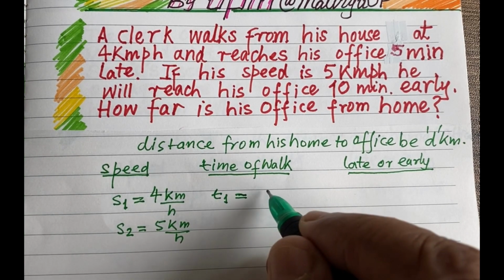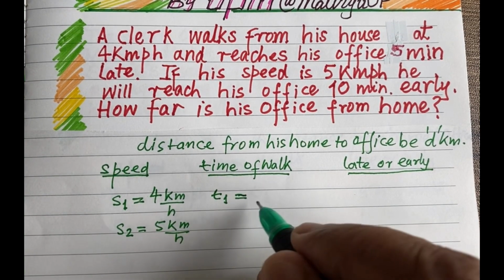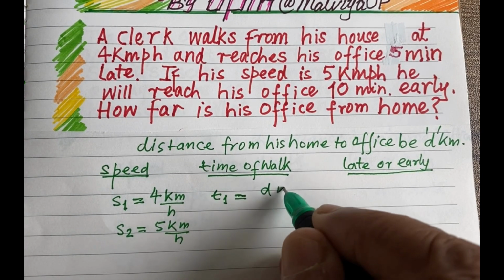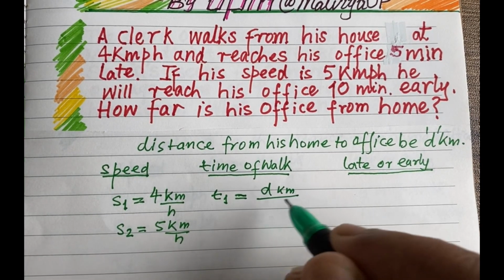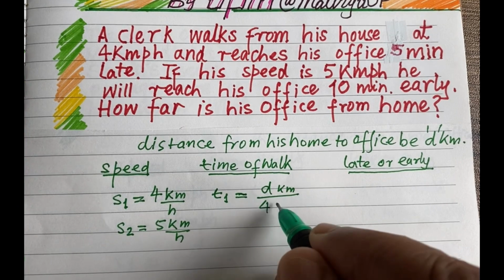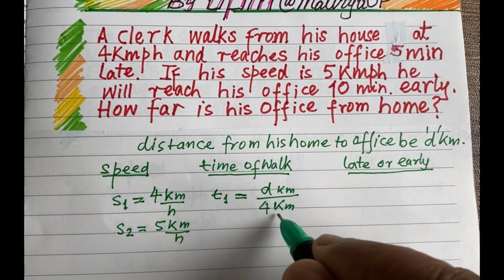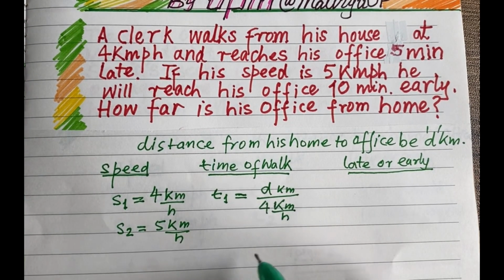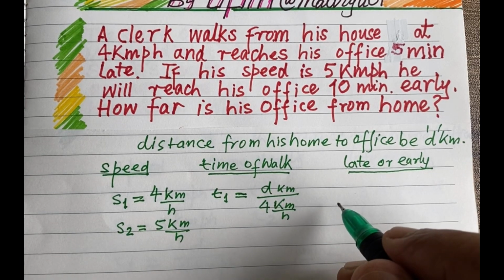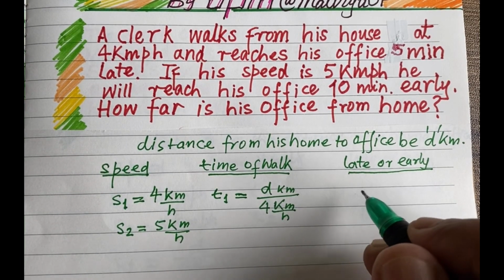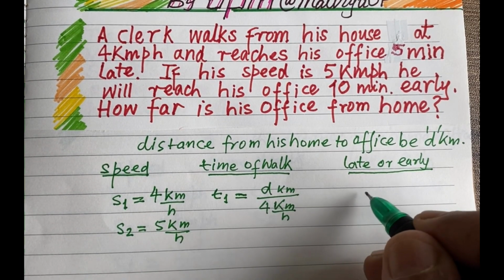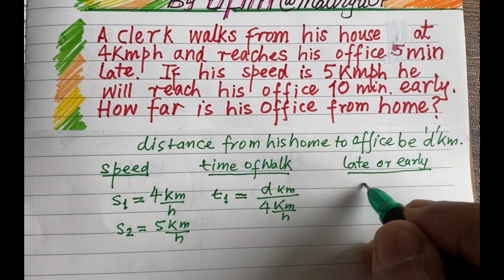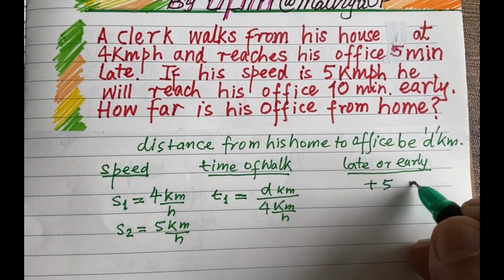So the distance is d kilometers and speed is 4 km per hour, and he reaches the office 5 minutes late, so the time is plus 5 minutes.